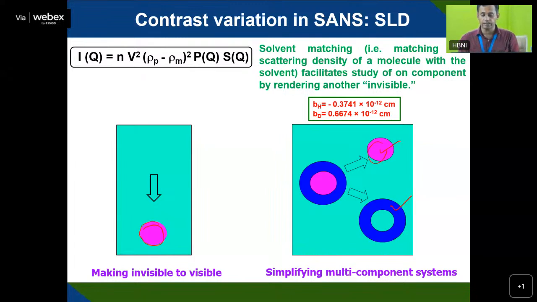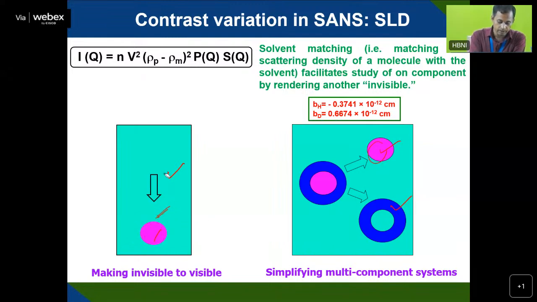Solvent matching, or contrast matching, means matching the scattering length density of a molecule with that of the solvent. If the solvent has a particular scattering length and your shell is matched with that, then you are not able to see the shell, you will see only the core.